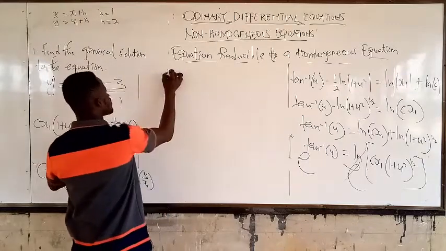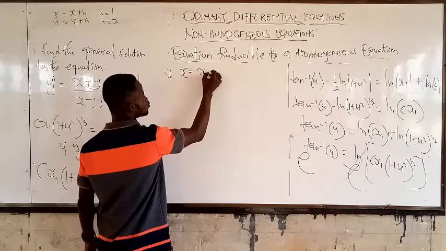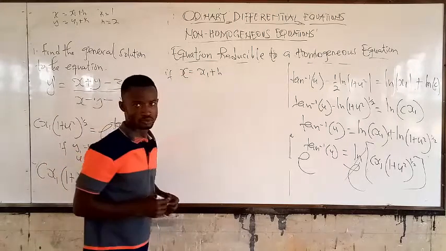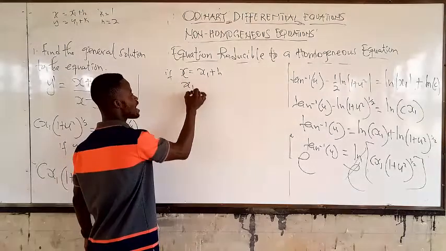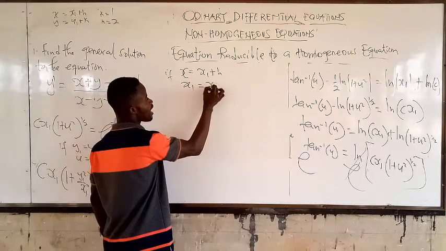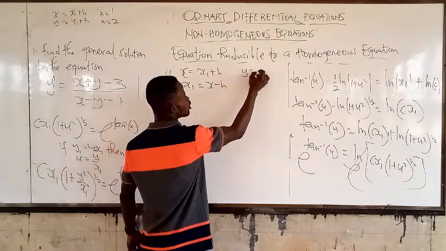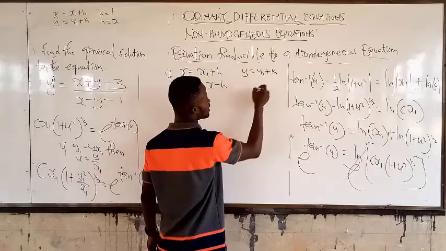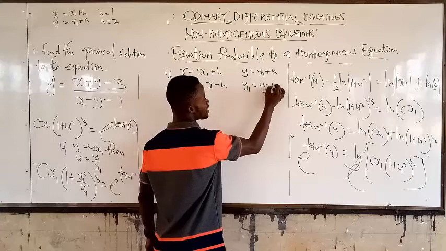So if x is equal to x1 plus h, then x1 will be equal to x minus h. And if y is equal to y1 plus k, then y1 will be equal to y minus k.